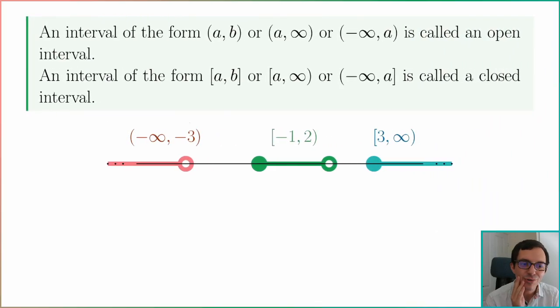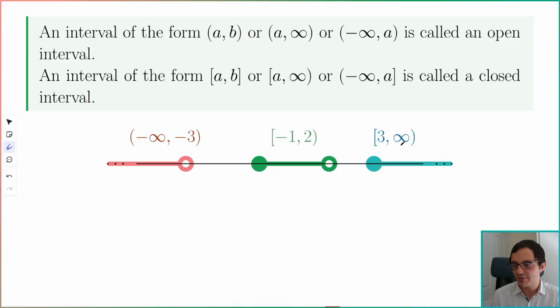If you have two round brackets, so you're not including either endpoint, then that's called an open interval. And if you include both endpoints, or in the case of an unbounded subset, if you include the endpoint which is a real number, then that's called a closed interval.